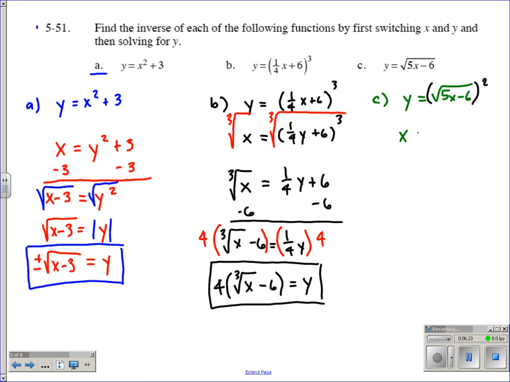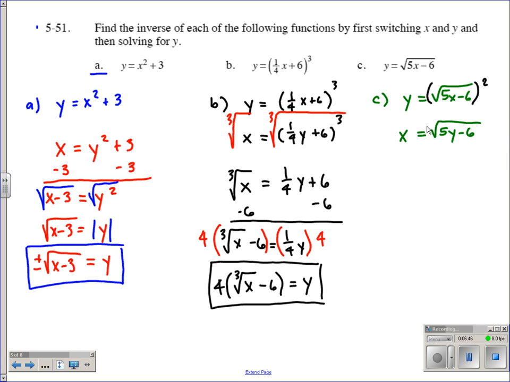I forgot to swap out my x's and y's. Now, if I would have kept going, it would have been fine. I could have gotten to the end. I would have just solved it for x instead of y, and then I could have switched them at the end. It wouldn't have been a huge mistake or anything. But since we're practicing, let's make sure we're doing it the way that we were taught.